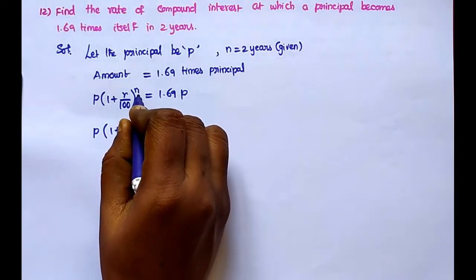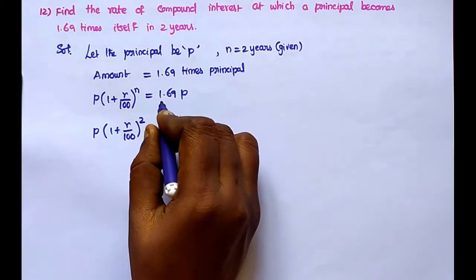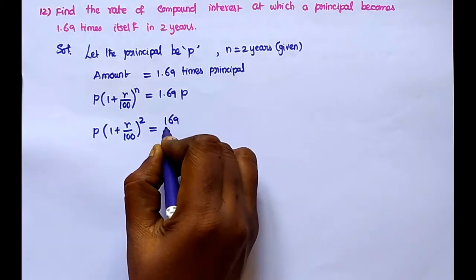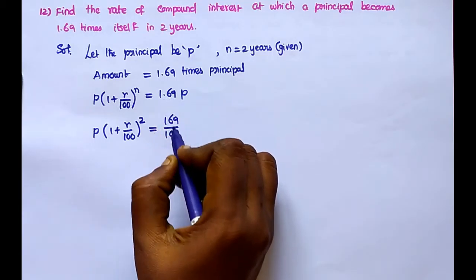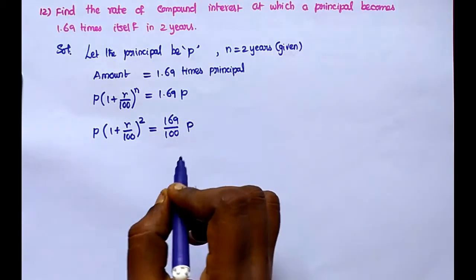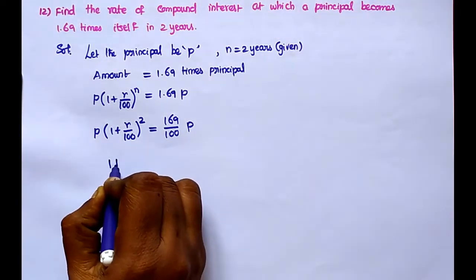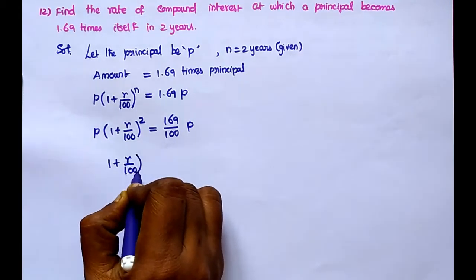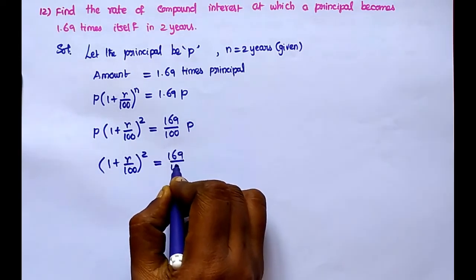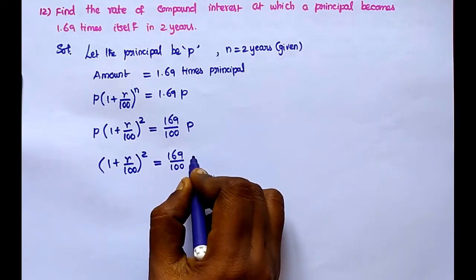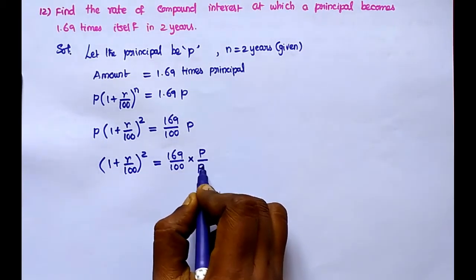So instead of n we put 2, and 1.69 I write as 169 by 100, after the decimal point 2 zeros, into P. Now listen, 1 plus R by 100 power 2 equal to 169 by 100 into P. Here P is in multiplication, no? Bring this side means division.